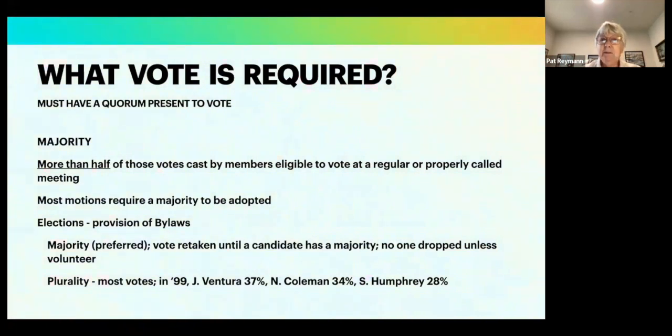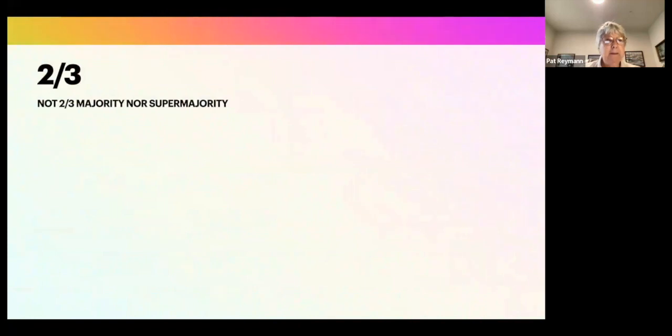Jesse Ventura received 37% of the vote. Norm Coleman received 34% of the vote. And Skip Humphrey received 28% of the vote. Close as that was, Jesse Ventura was our governor for 4 years. You may remember that. And that was because plurality elects in Minnesota for governor.